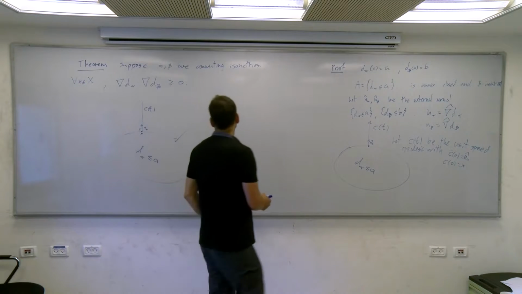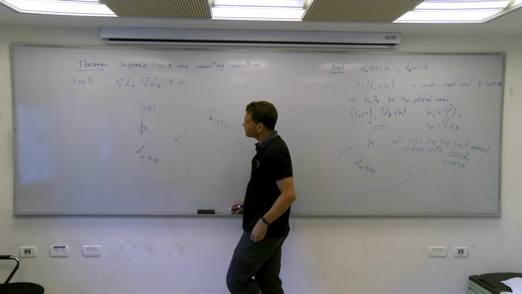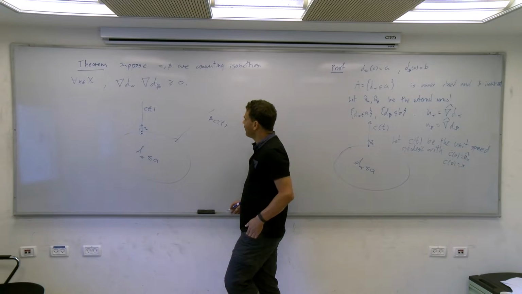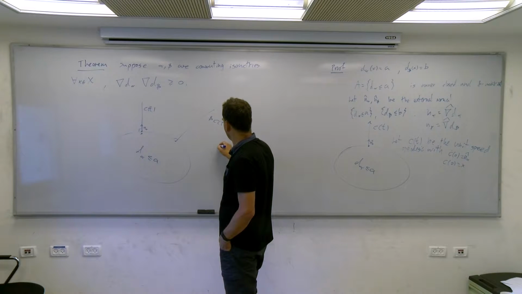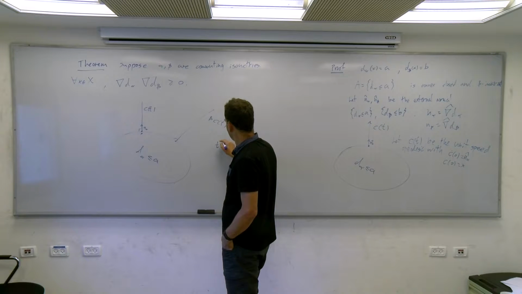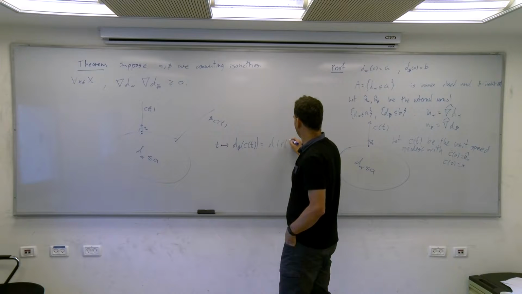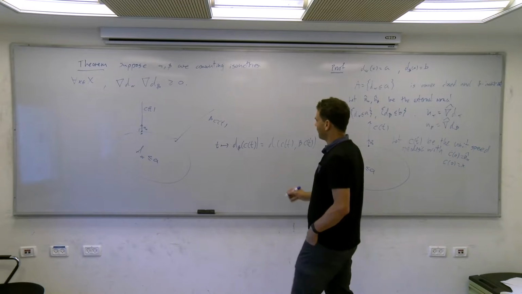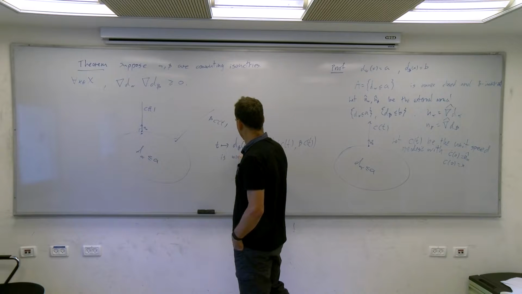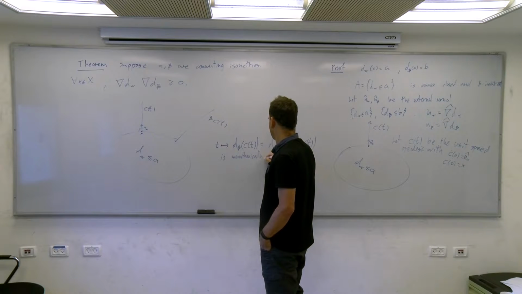You see, because the projection shrinks distances, the function t goes to d beta of c of t, which is the distance between c of t and beta c of t, is monotonically non-decreasing.